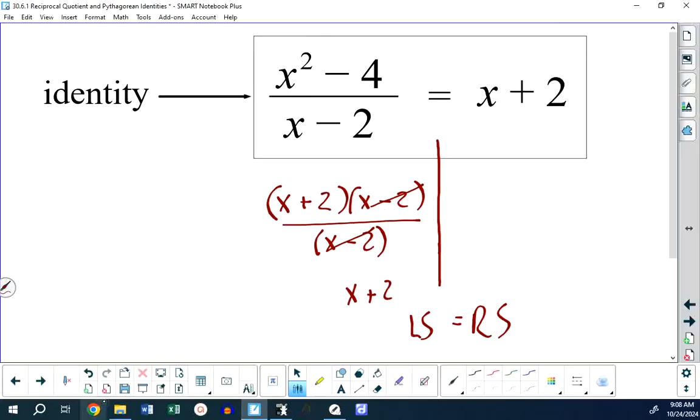But is this always true for every value of x? The answer is no. It's not true for x equals 2, because when you put 2 in, the left side is not defined.